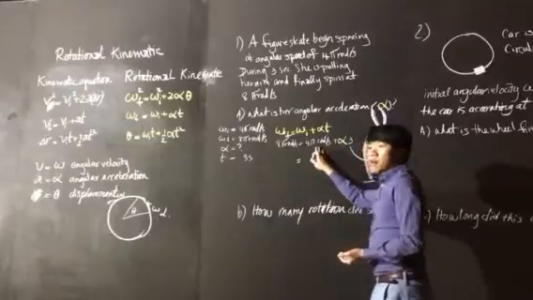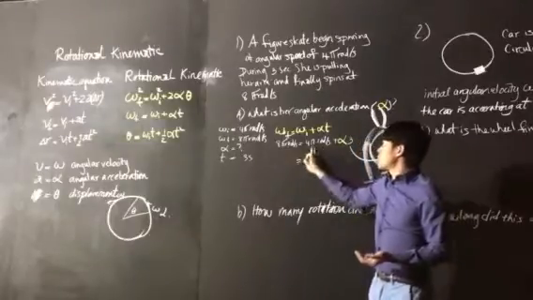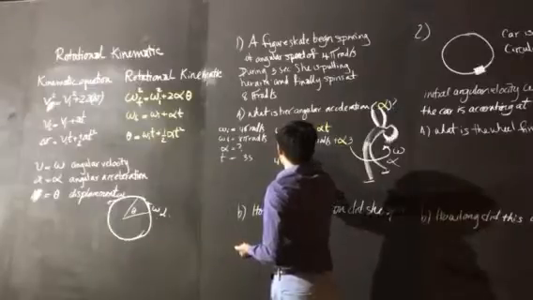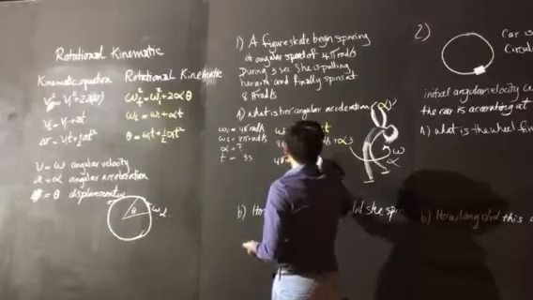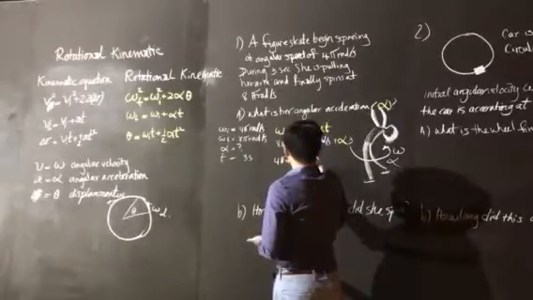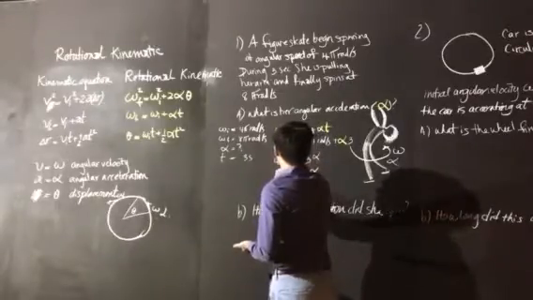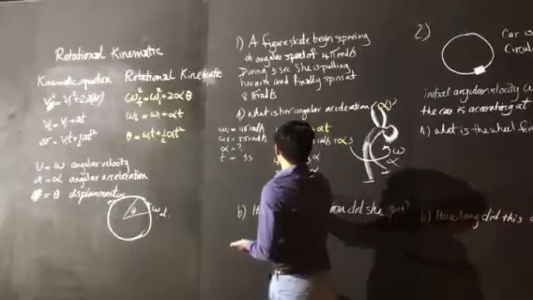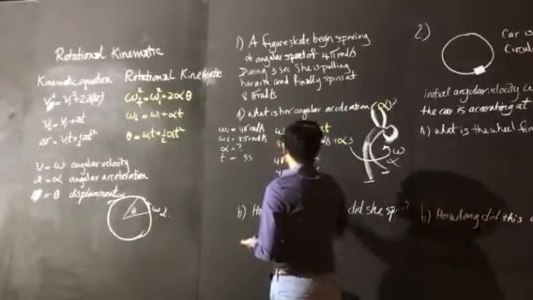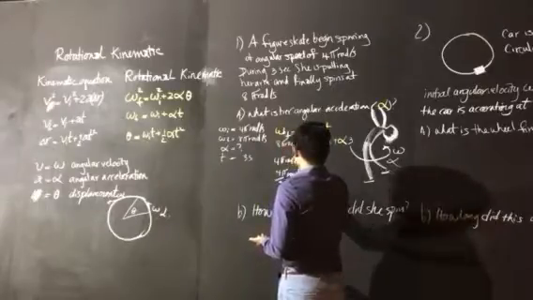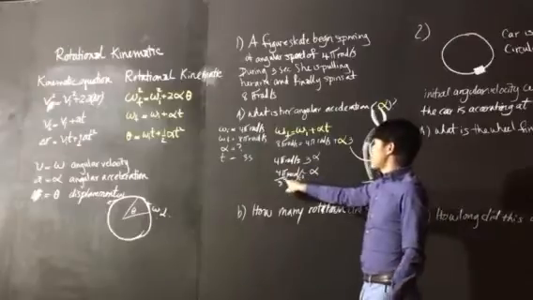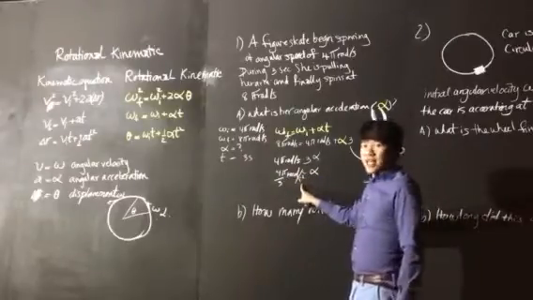I combine the terms, so it would be 4 pi radians per second over 3 seconds. The answer is 4/3 pi radians per second squared.